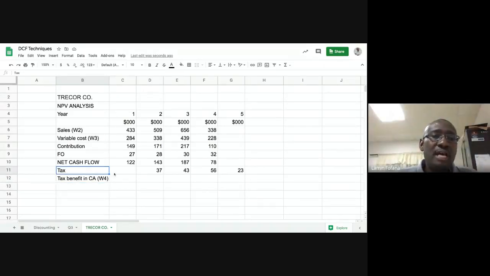We know that we've got a net cash flow, and on that net cash flow we need to calculate tax. But because we did not deduct any depreciation from our profits, that's why it became a cash flow. Because we have not done that, the taxman wants to be generous.